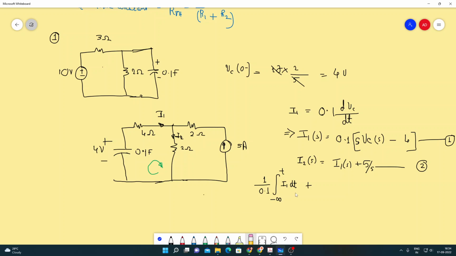We shouldn't say t, we can consider this to be tau, and then we have 4 times I1 plus 4 times I2, which can be written as 2 times I2, so that means just 2 times I1 plus 10 equals 0. All of them will be negative.